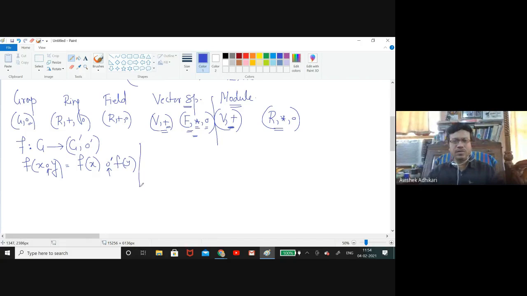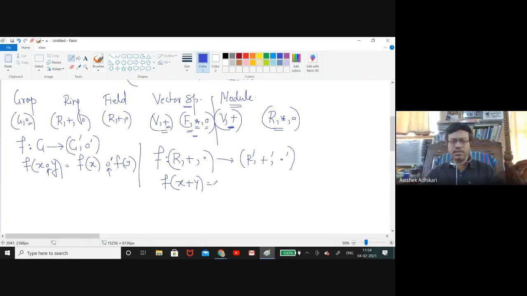But in the case of a ring, if F is a ring homomorphism from R with plus and dot to R dash with plus dash and dot dash, then we need to check two properties.